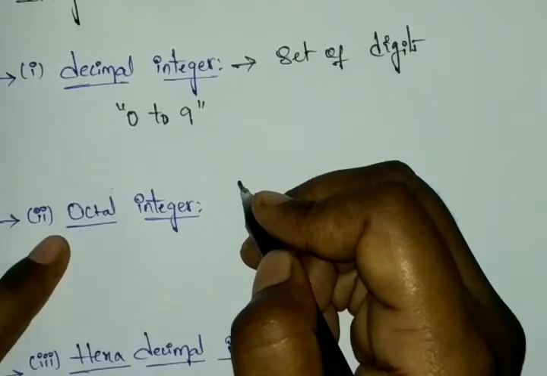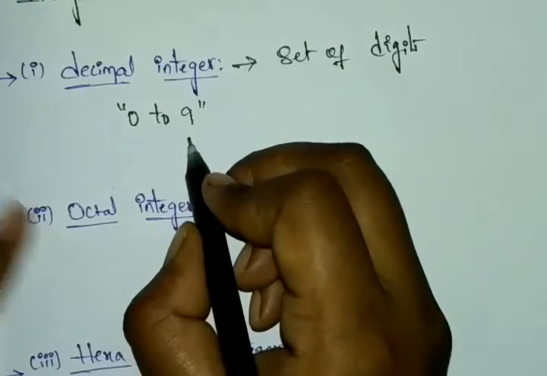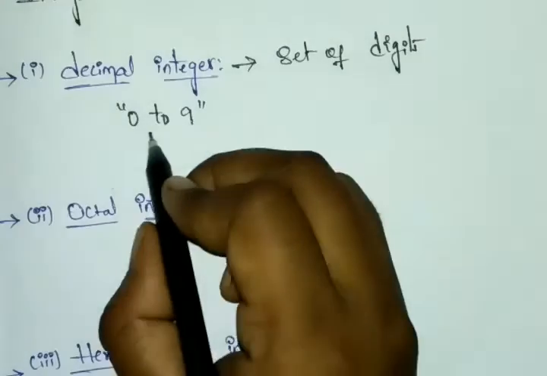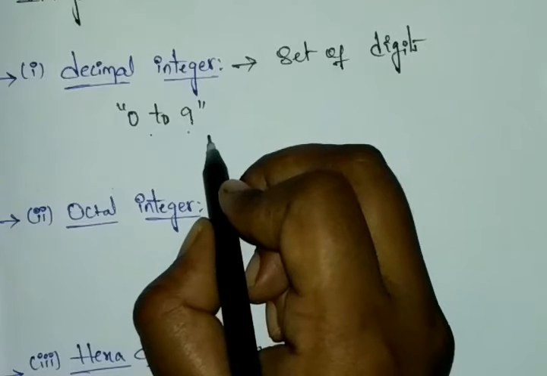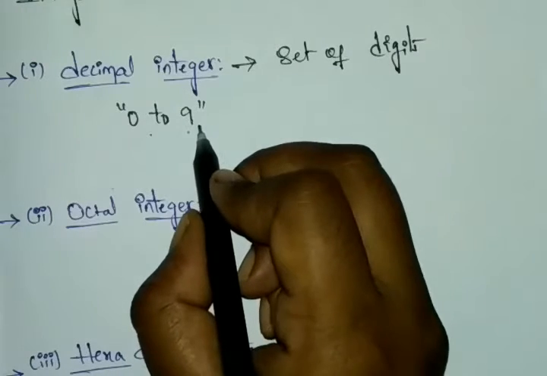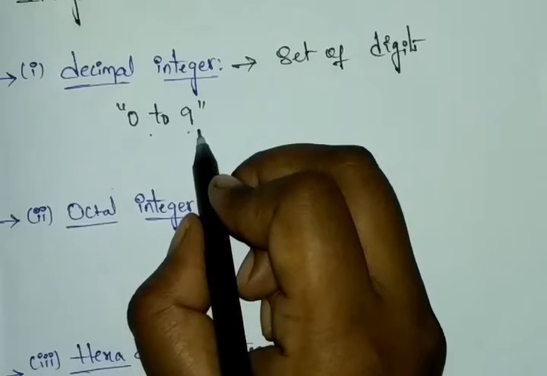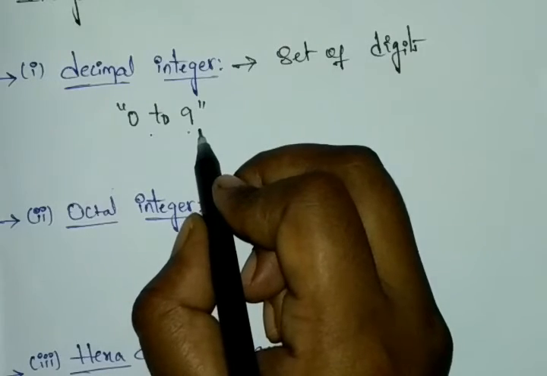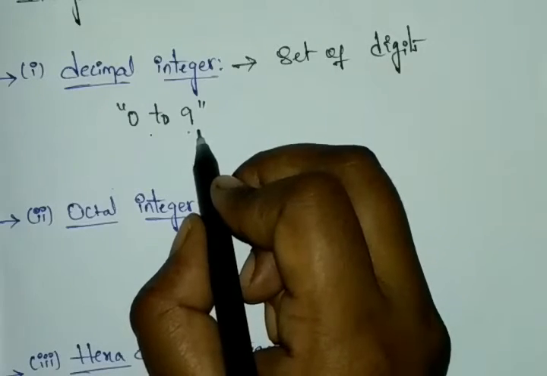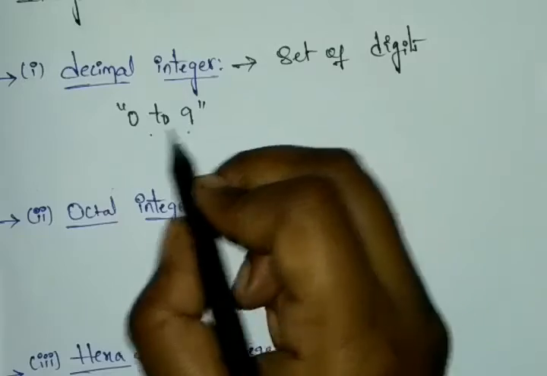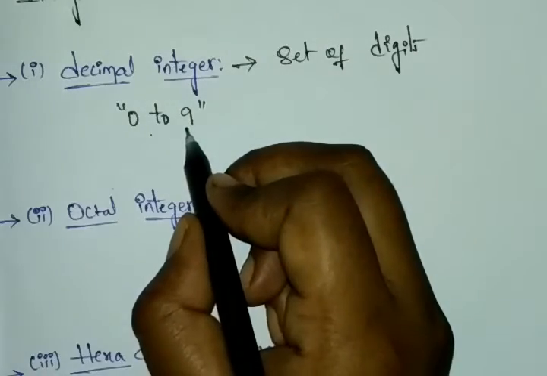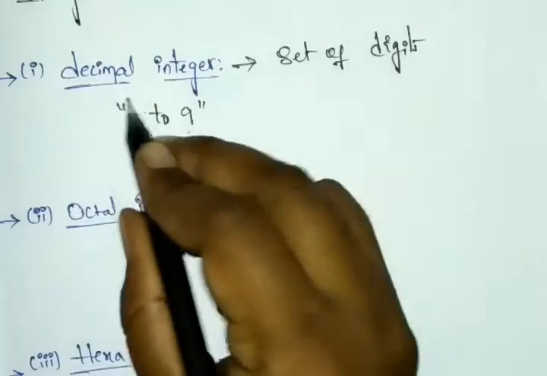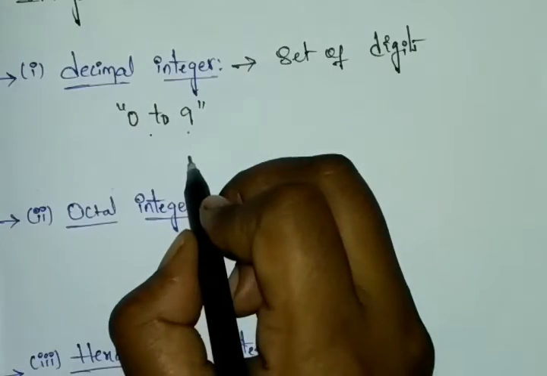Those numbers are combined from the digits 0 to 9 only. You can see after the 9 we write 10. So the 10 is combined with 1 and 0. Those numbers are in between 0 to 9 only, right? Those numbers we can call decimal integers.